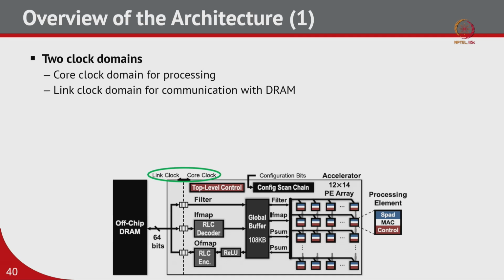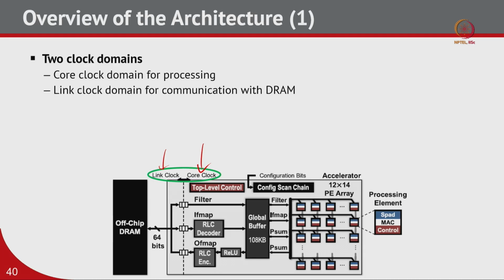There are 2 clock domains. You can see there is a link clock and a core clock. As I described a few lectures back, a clock is nothing but, you can think, at each cycle or tick some processing is happening. The higher the clock frequency, the faster the processing is, correct.